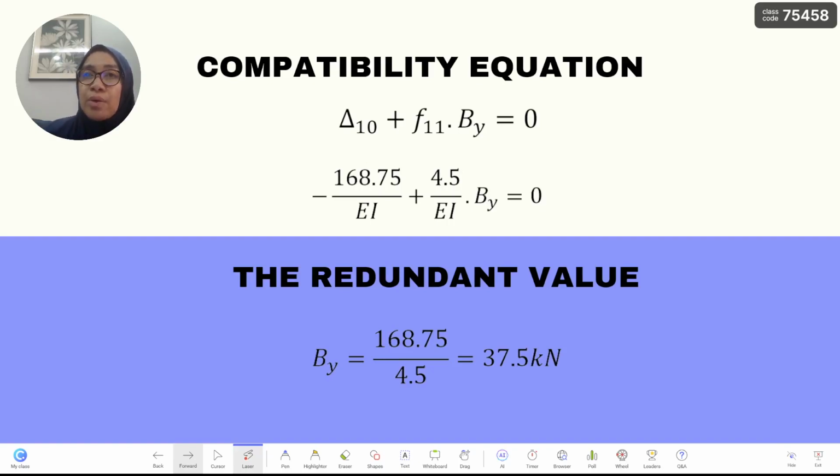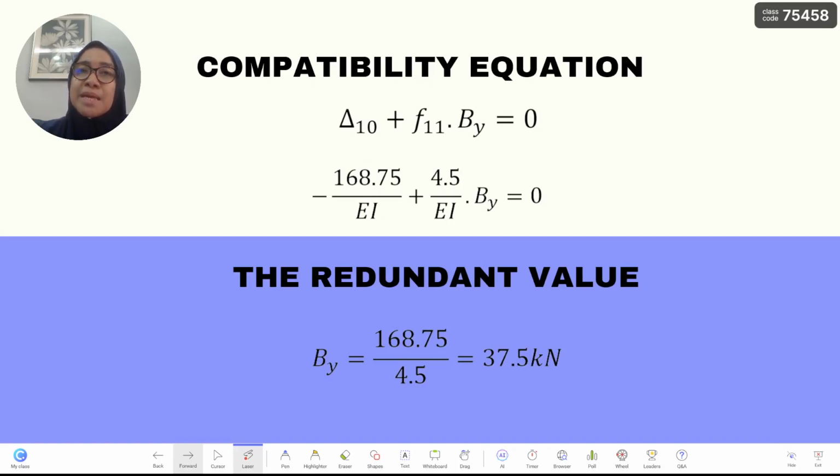So now we already have delta 1 naught and F11. We substitute these values, so we get the compatibility equation. So what is the next step? Remember, the aim is to solve the problem.